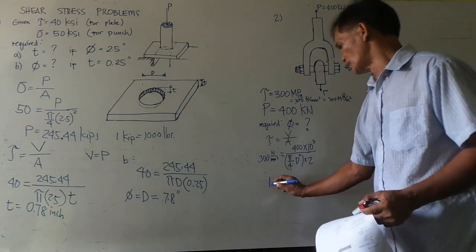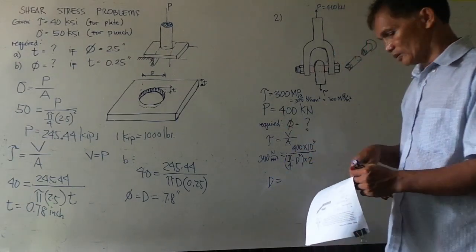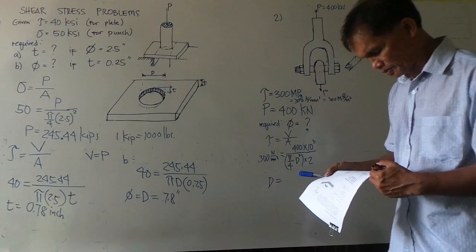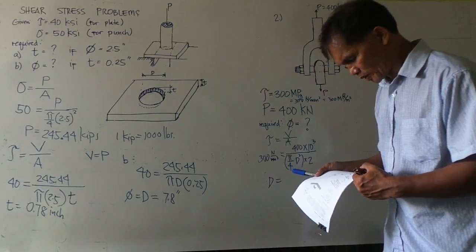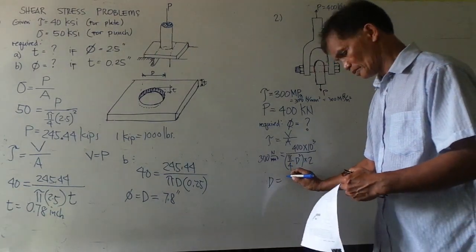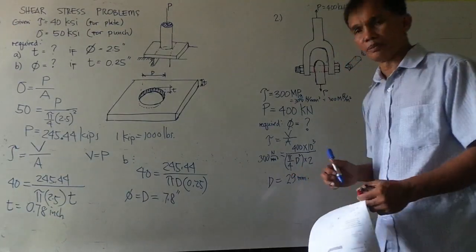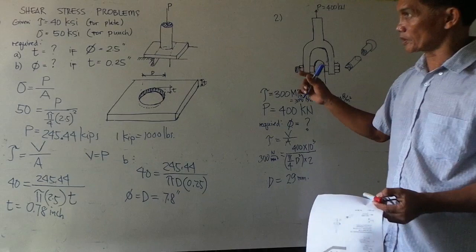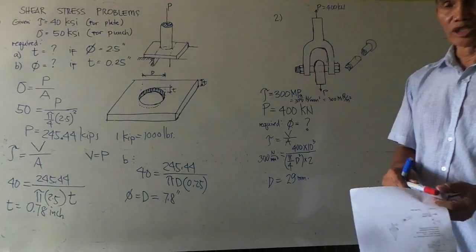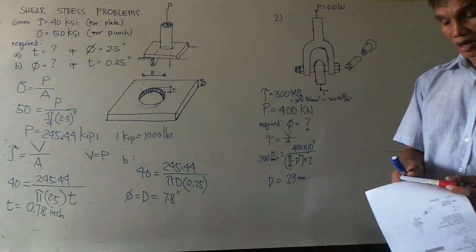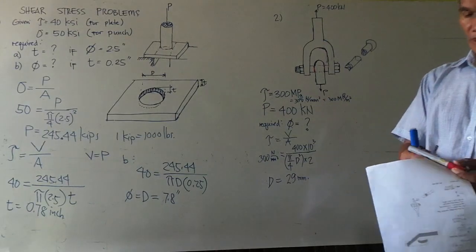Then you will have the value of your D, which is equivalent to 29 mm. So that's how to analyze the shear stress problem of the problems that I uploaded.